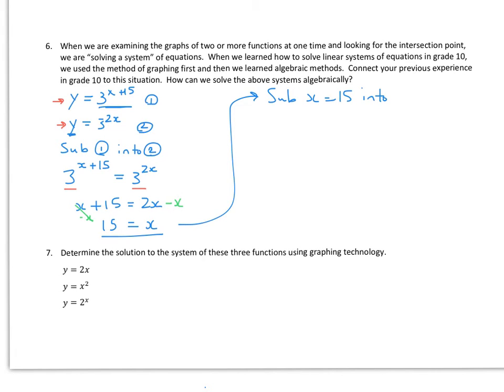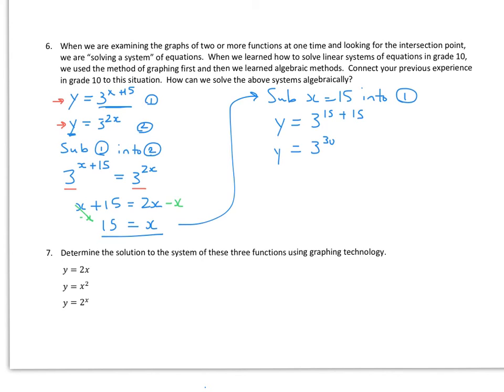And then we're going to take that value and substitute x equals 15 into either equation 1 or equation 2. I'm going to go back to equation 1, and that means that y is equal to 3 to the exponent of 15 plus 15. And that means that y is equal to 3 to the exponent of 30. Now you can take that into scientific notation.